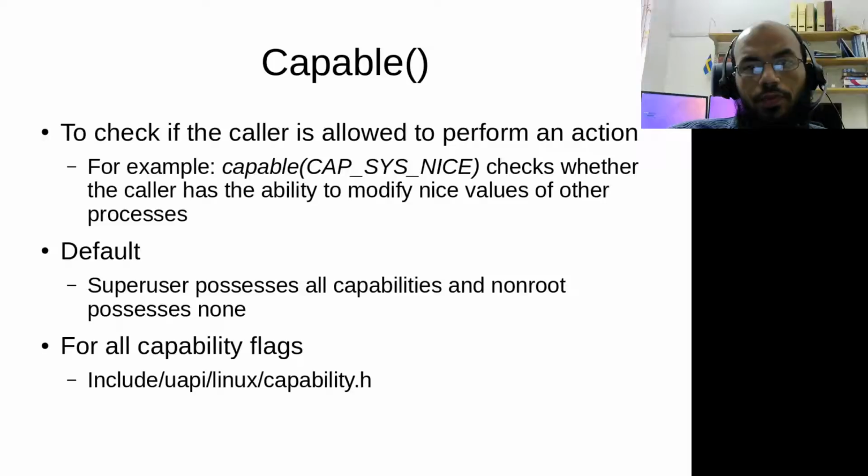There is also a check, because not all users are equal, so there is what we call the capable function. Capable checks if the caller is allowed to perform an action. We have not talked about users that much, but users can have different capabilities.